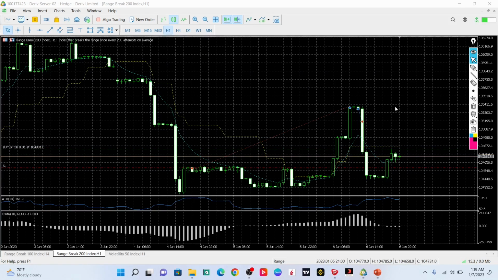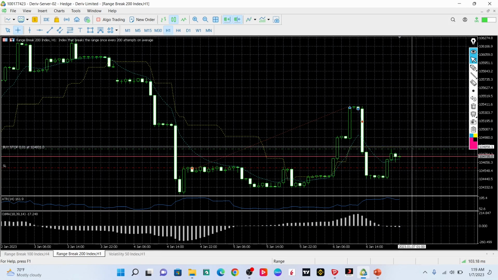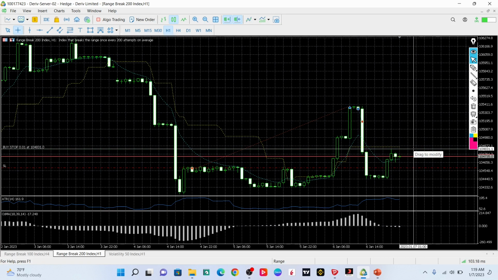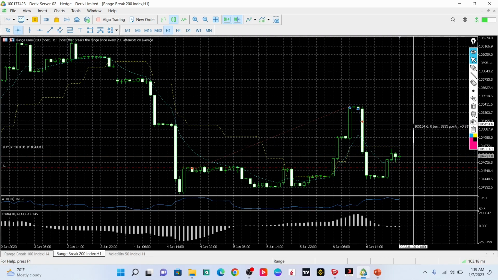So we get a crosshair and come right on this order, 322 points. You can put your first take profit at around there. That is 2 times the ATR.